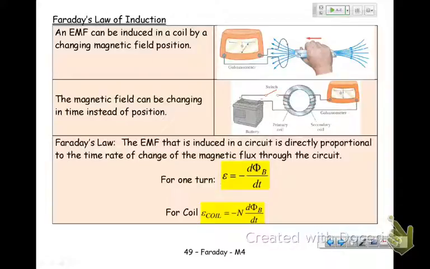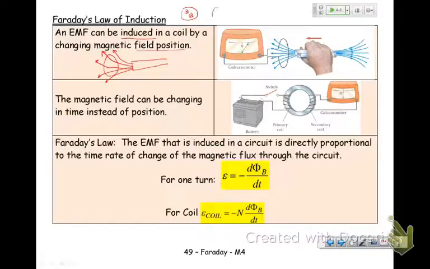So what we say is that current flows when there's an electromotive force. So we say an EMF can be induced in the coil by changing the magnetic field's position. If I imagine just the loop, and I think of the bar magnet as having all these flux lines coming out of it, and as I push the magnet closer, I start off with only 2 flux lines going through it.